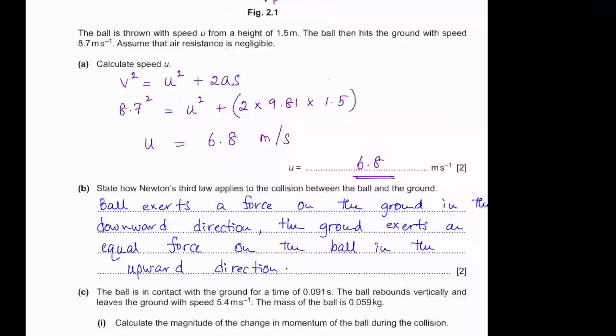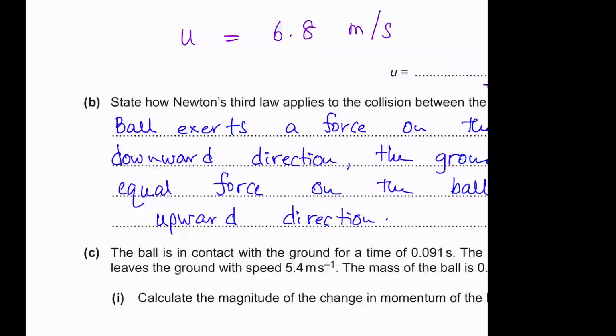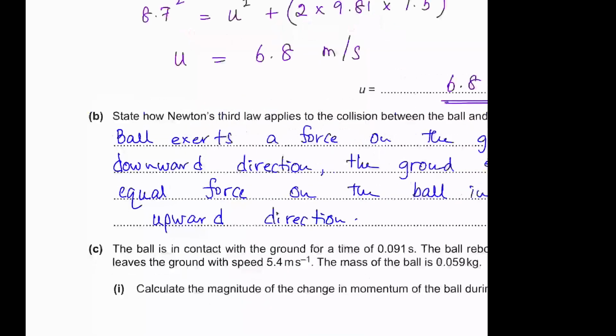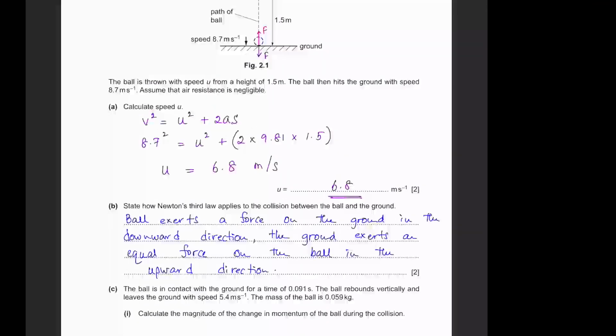So guys, the ball hits the ground with a certain momentum and rebounds with a certain momentum. The momentum with which it hits the ground, I can find it, is mass into velocity.